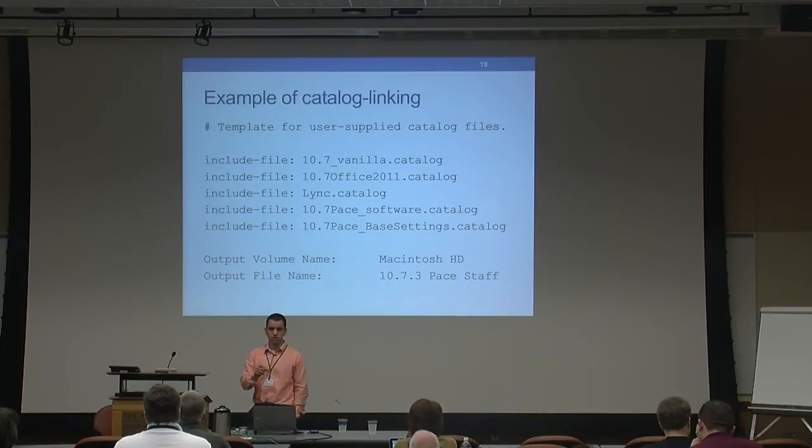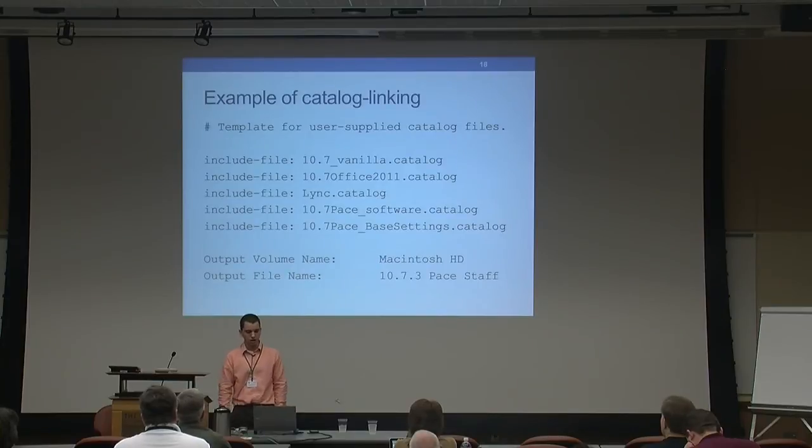You use the line include-file: and then it references other catalogs, and it processes those catalogs in that particular order you have them in. So here you can see it goes through the OS, vanilla catalog, then Office, Link, Paste software, and so on. And then the volume name for the final disk image is going to be Macintosh HD, and then the file name, whatever you choose to name it.